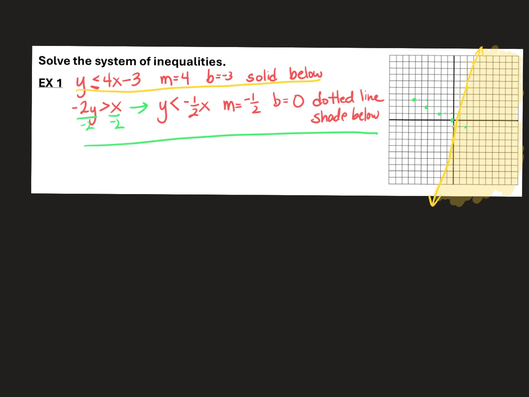Then I'm going to draw this dotted line. And I'm going to shade in green. And my solution will be where the yellow and the green intersect. So shade below the green dotted line.